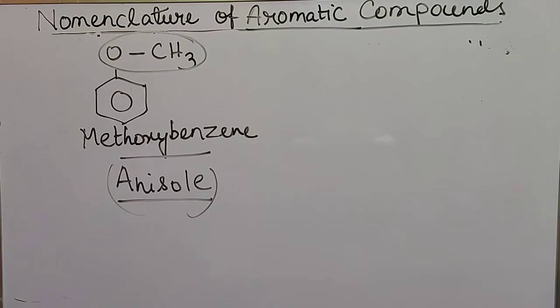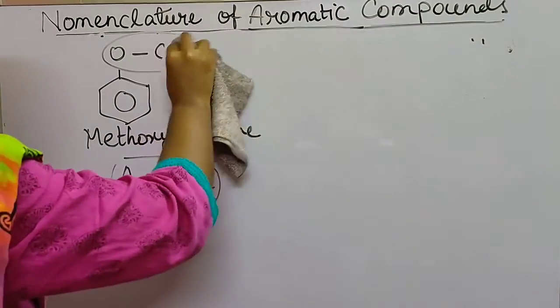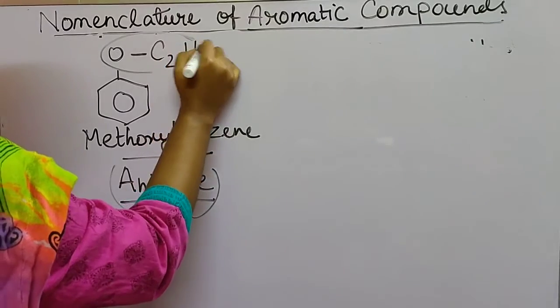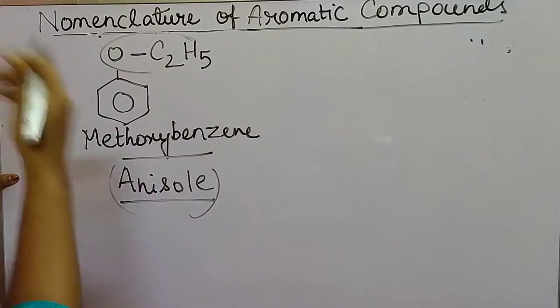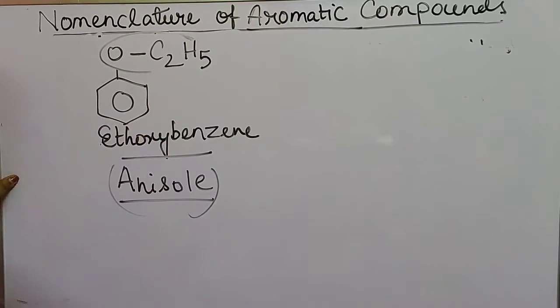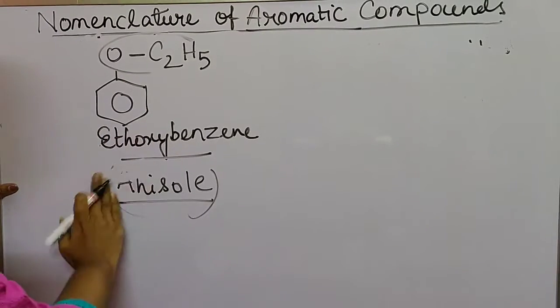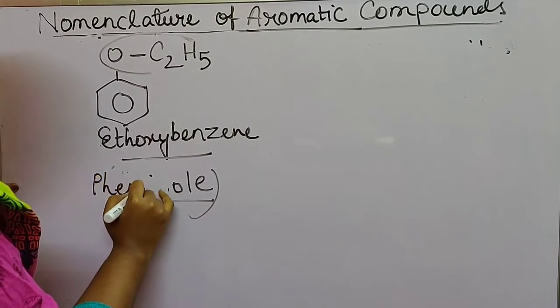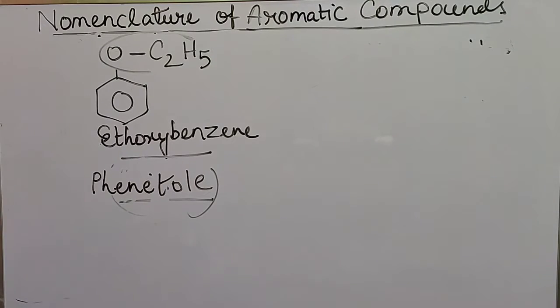Similarly, if there was a C2H5 group, then that will be ethoxy. C2H5 means ethyl group, so ethoxybenzene, and the name is phenetole. Okay. Next is different examples of aldehydes and ketones.